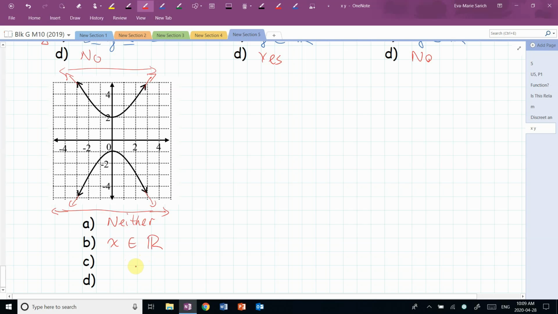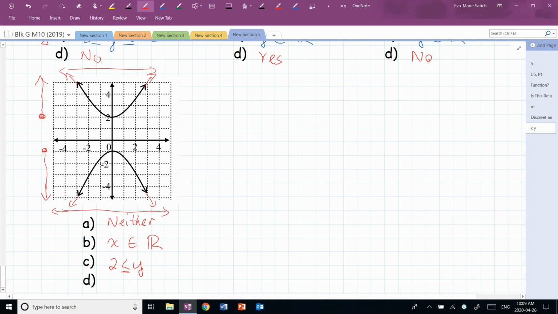Y, if we think about it, it's going to continue on going down here, but it's stopping there. And it's going to continue on up here, but it's stopping there. So Y can be greater than 2. So our Y can be greater than 2.